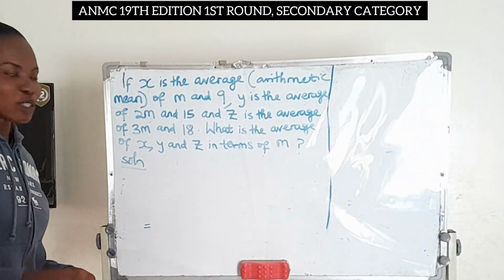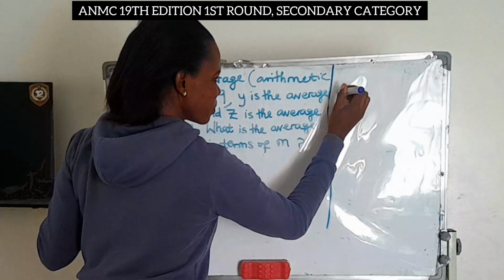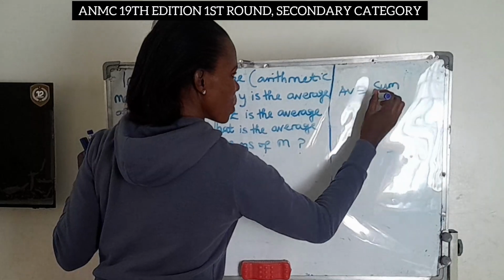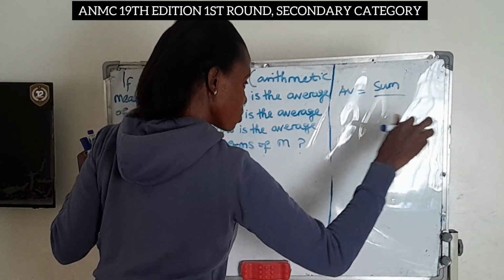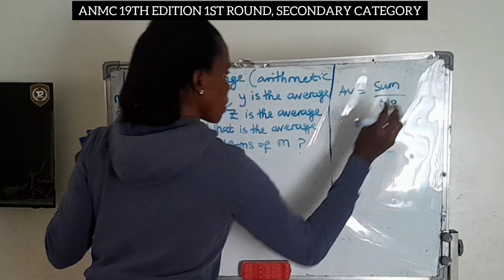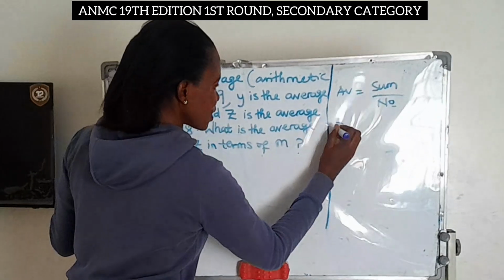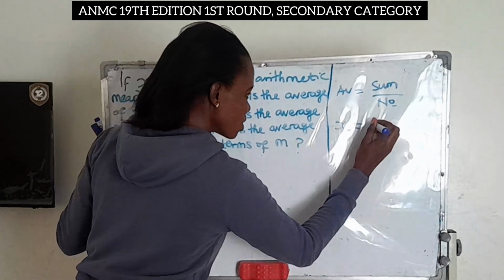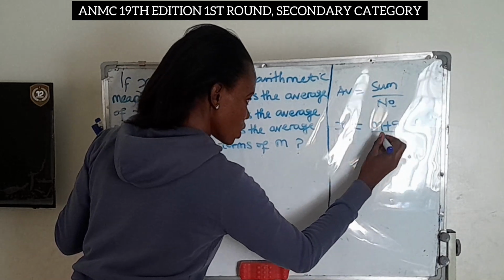Alright, so to solve this question, let's have an understanding of average. Average is equal to the sum of the numbers over the number of terms, the counting number, the number of terms you have there. Alright, so that's what it is. So now we have x, that x is the average of these two numbers, meaning that x is written as m plus 9 divided by 2 because there are two terms.